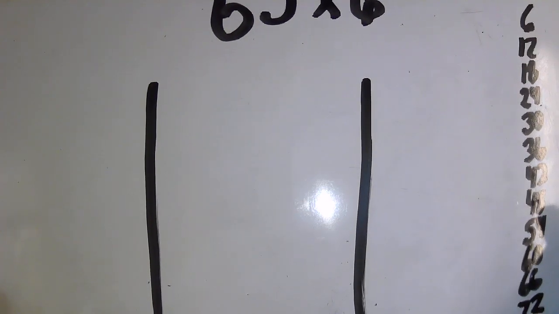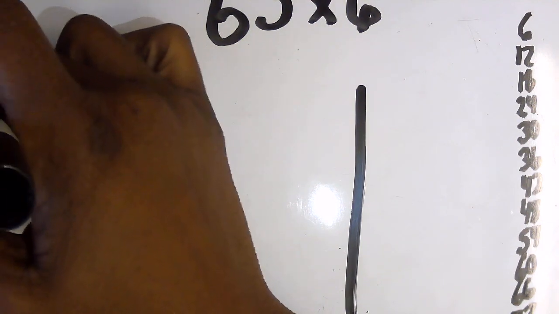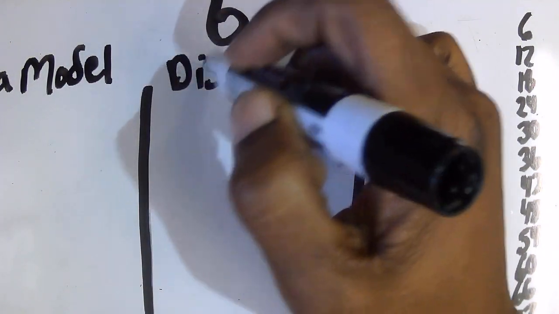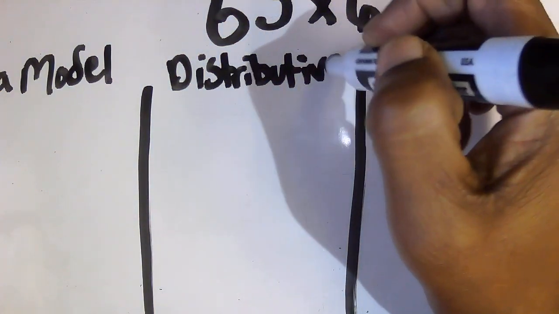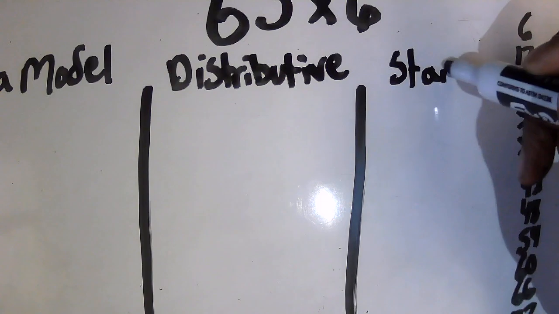Okay, so I'm going to do here's the area model, distributive, and the standard algorithm.